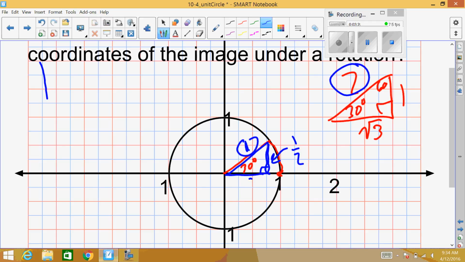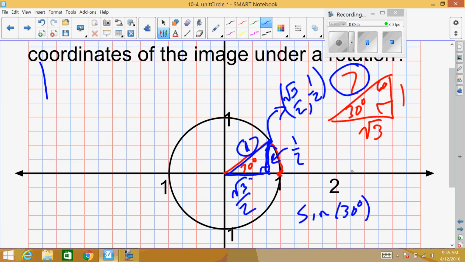Well, what that means is, if I look at this point right here, its x value is square root of 3 over 2, and its y value is 1/2. Now when I compare that to the sine and the cosine of my blue triangle, 30 degrees, or I could use my red triangle because similar triangles are going to have the same sine.